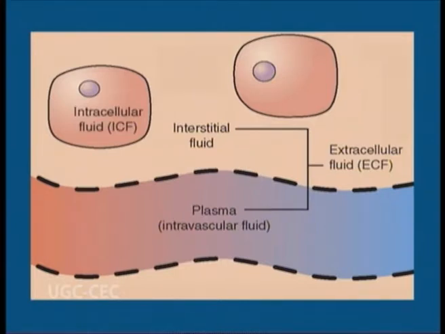The fluid outside body cells is extracellular fluid. The extracellular fluid that fills the narrow spaces between cells of a tissue is known as interstitial fluid. The proper functioning of body cells depends on precise regulation of the composition of the interstitial fluid surrounding them.